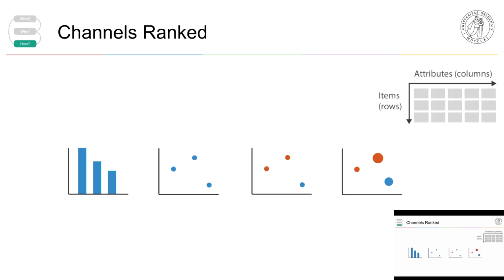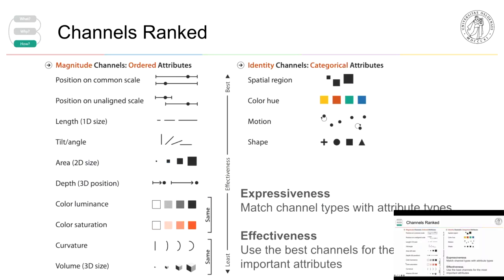So as an example, let's say you have this data set of 3 items with 5 attributes each. Maybe you want to visualize one attribute in each item, one quantitative attribute. Well, you can use a bar chart. So in a bar chart, the mark would be a line and the channel would be vertical position on a common scale. So this is the most effective channel.